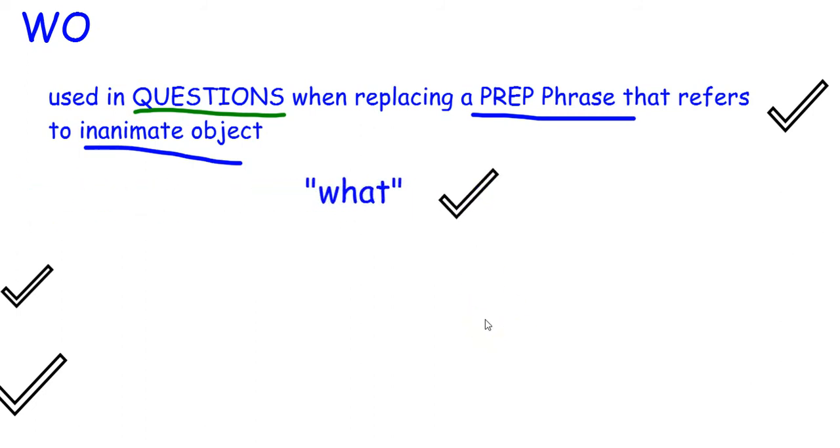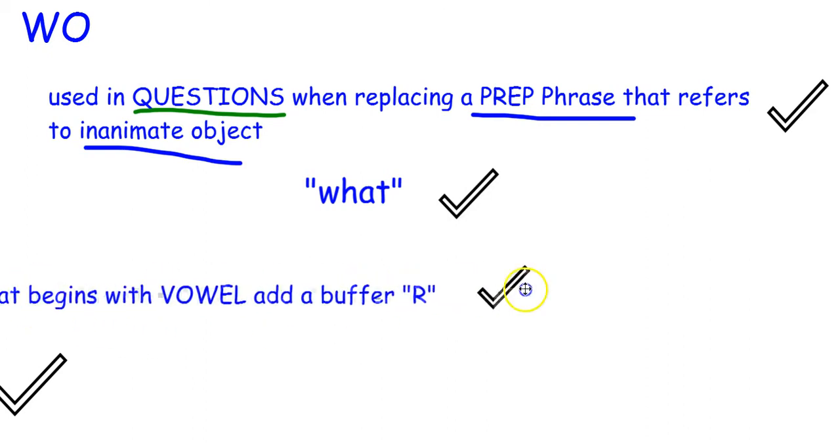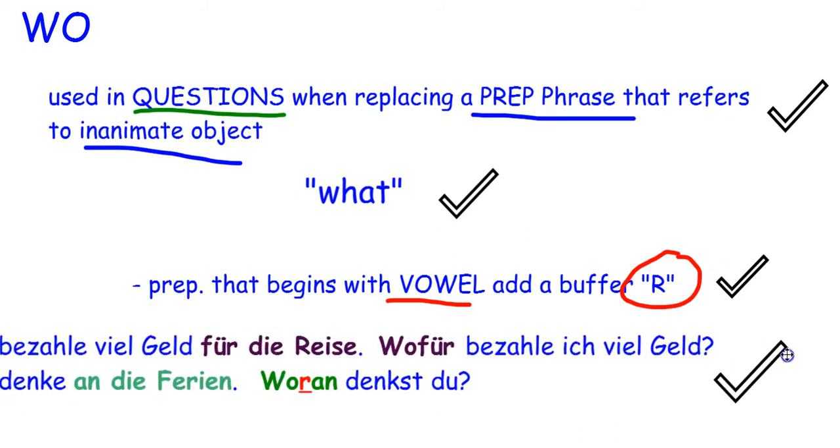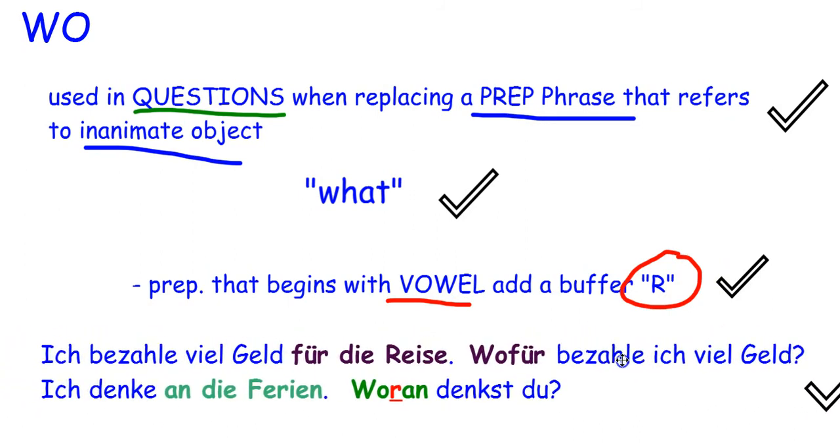Even though we know wo as the question word where, in the context of a wo compound, it actually means what. I'll show you what I mean when we look at the example. In addition, a wo compound, just like a da compound, if the preposition begins with a vowel, we have to add a buffer R. All of this comes into play in the following statements and questions.